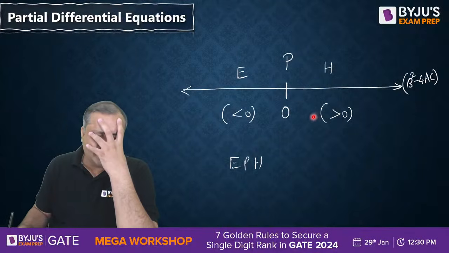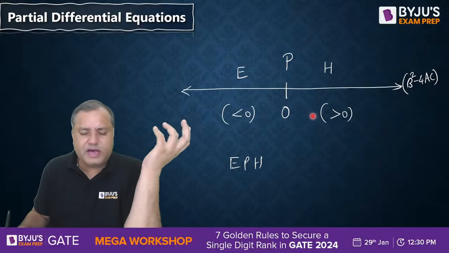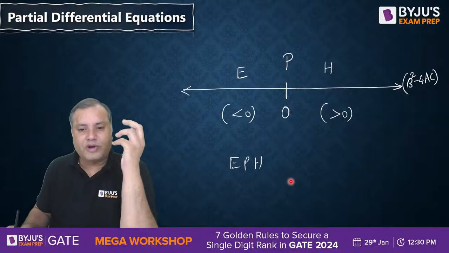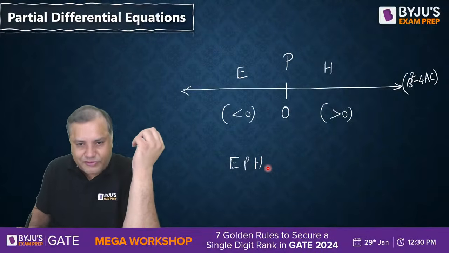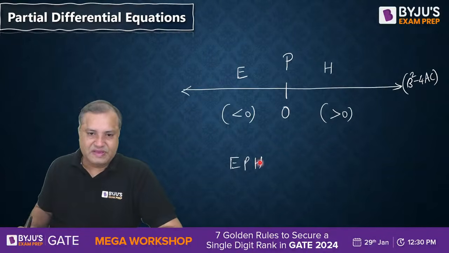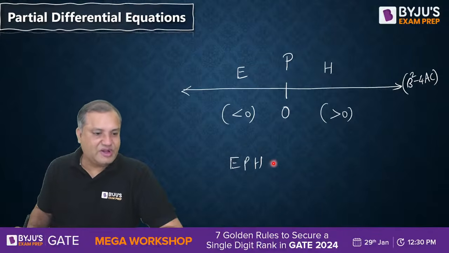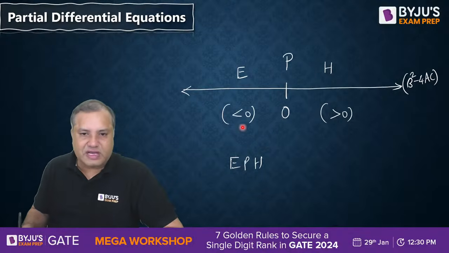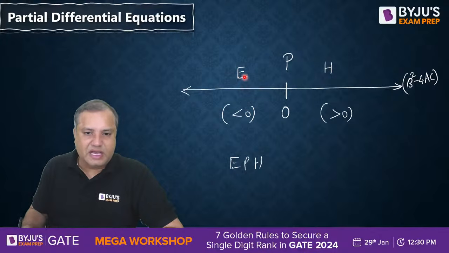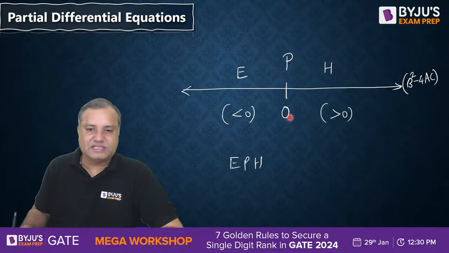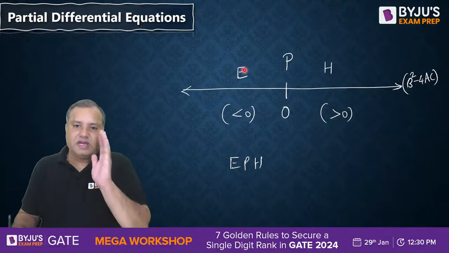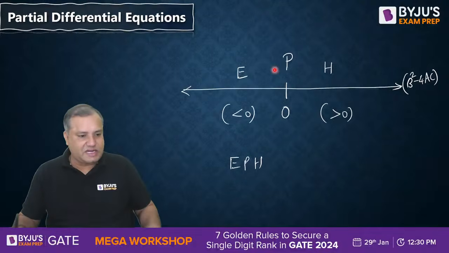Whenever we are tensed or troubled, we say oof. But this time you have to say EPH. E will come first, that is elliptic, less than 0, then P, parabolic, then H, hyperbolic. So less than 0, equal to 0, and greater than 0, this is the sequence. Then you can remember the sequence EPH. That's it.